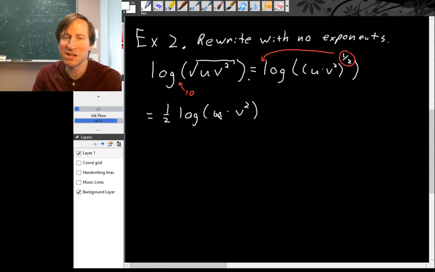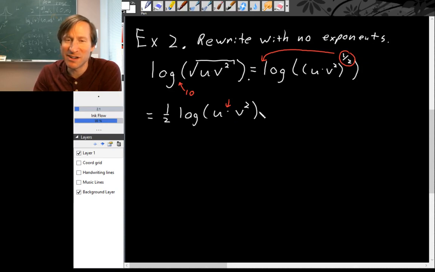But we can't do that because the logarithm can't really see the squared yet. The logarithm sees the last operation that happens inside of these parentheses. And the last operation inside of these parentheses is actually this product. So we can use some property of logarithms to deal with the product, but we can't yet use a property of logarithms to mess with this squared here.